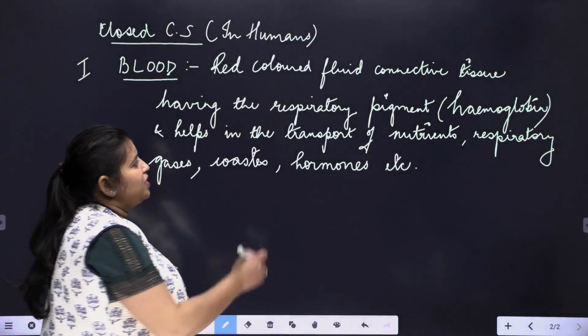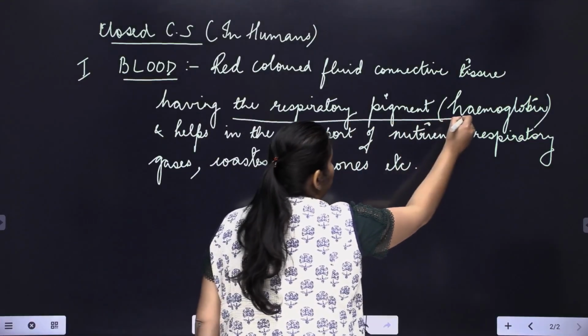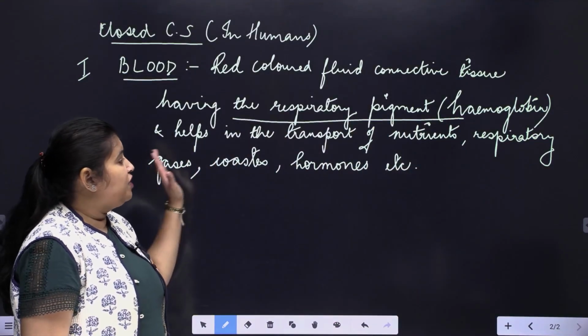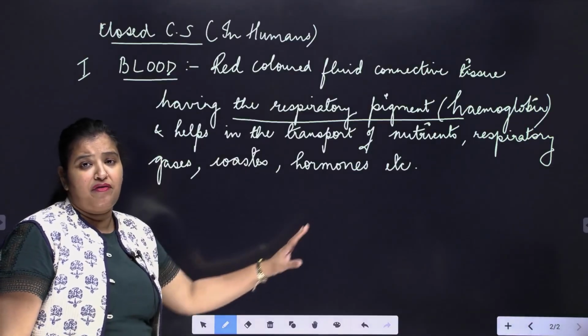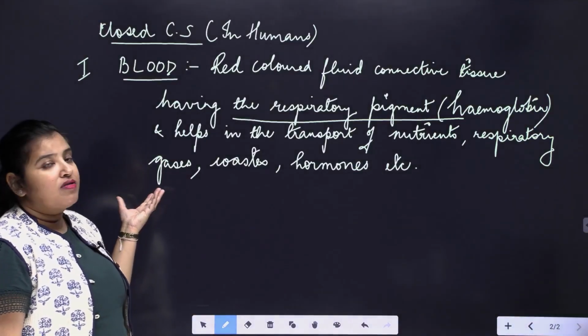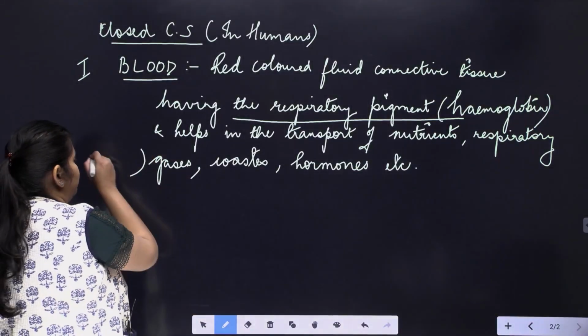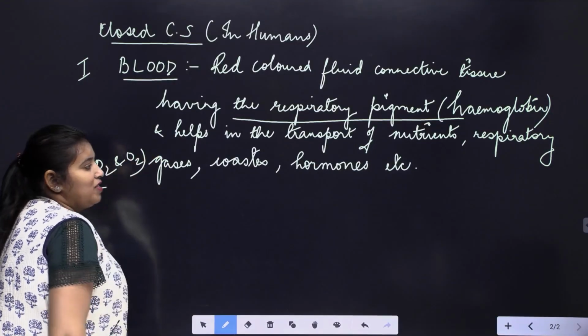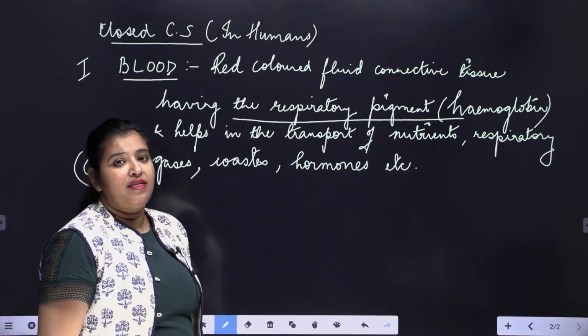Red because of the presence of the respiratory pigment hemoglobin, and it helps in the transportation of nutrients, the respiratory gases, which are carbon dioxide and oxygen, waste material, hormones, etc.